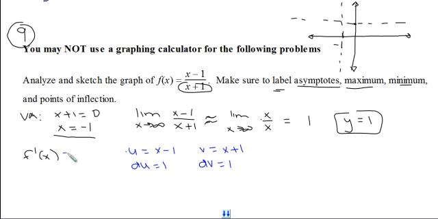So the derivative is going to be the derivative of u times v minus the derivative of v times u, all over v squared. We're going to set that equal to 0.